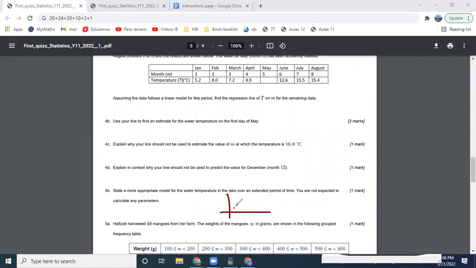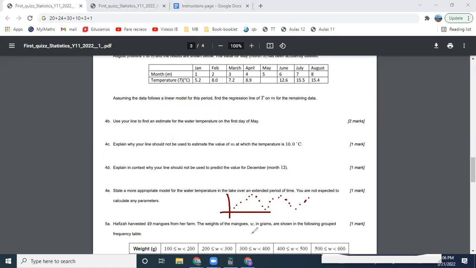We have something quite linear for the first months, but then in December, if we are in the Northern Hemisphere, the water temperature will drop again, right? So we will have something like this, and then another year starts, and we get again something like this, and then like this, right?